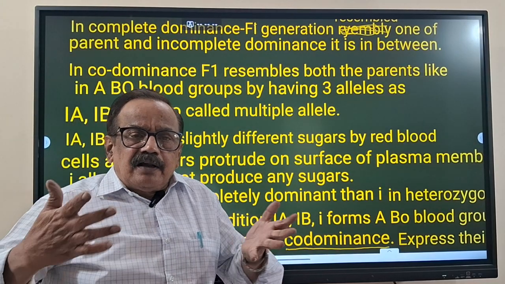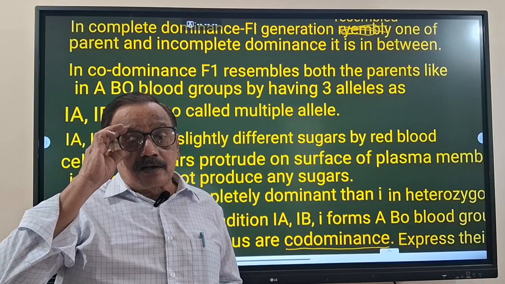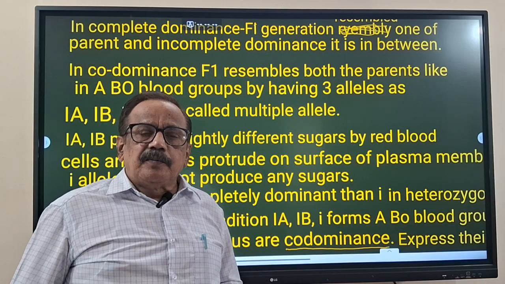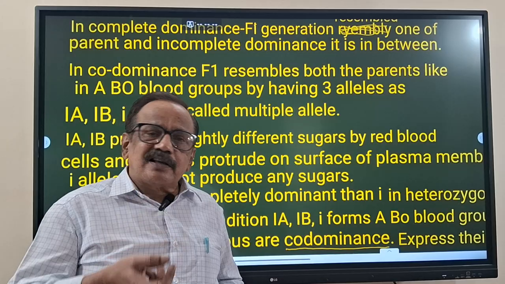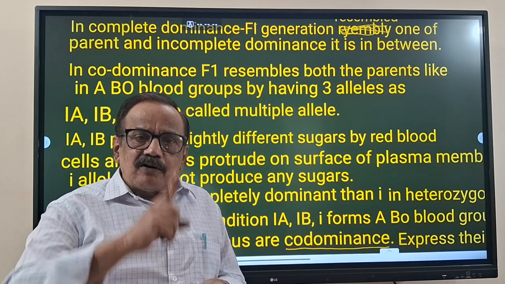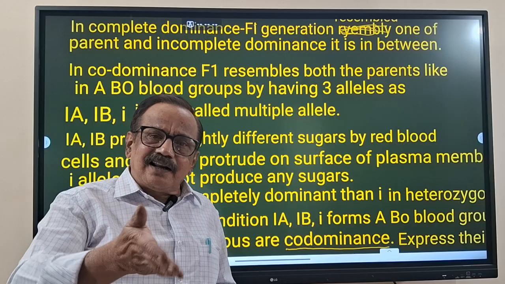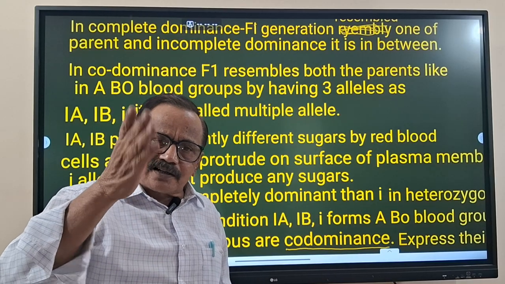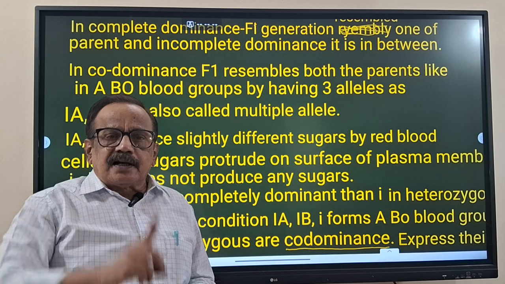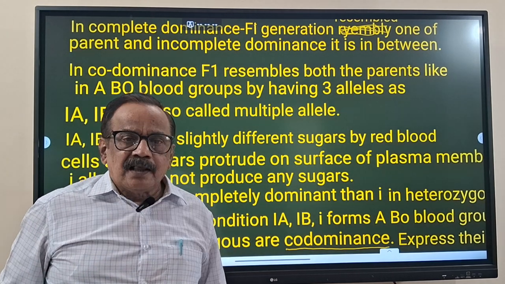Why are A and B formed? Because of the sugars produced, a sugar polymer is produced by those cells, the red blood cells, and it will protrude, meaning it will come out. He has given that clearly in the plasma membrane structure. Go and see, sugar chains are present on the plasma membrane.